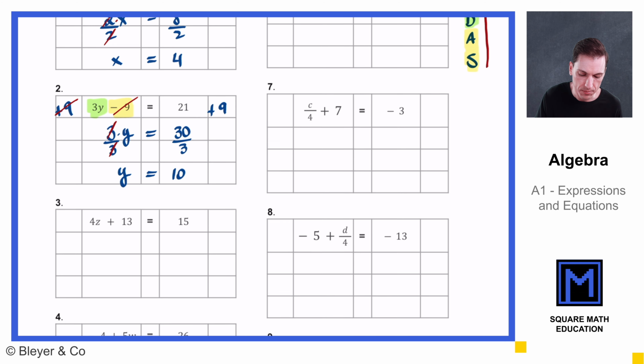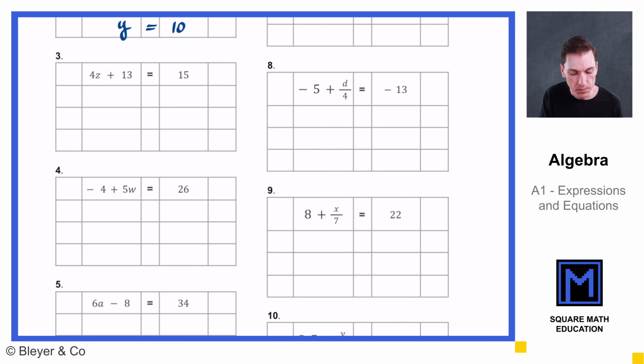Next equation. We have two terms, adding 13, and then we have the second term, 4z. We're going to undo the adding 13 by minus 13, both sides of my equation. Adding 13, subtracting 13, cancel out. We have 4z left on one side of my equation.